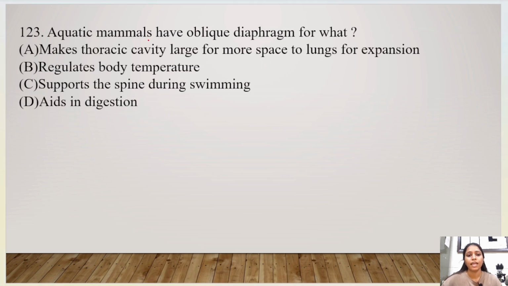In this question, the aquatic mammals have an oblique diaphragm for what? So as we all know, in aquatic mammals like whales, dolphins and seals, an oblique diaphragm is present, and this makes the thoracic cavity large, giving more space for the lungs to expand.